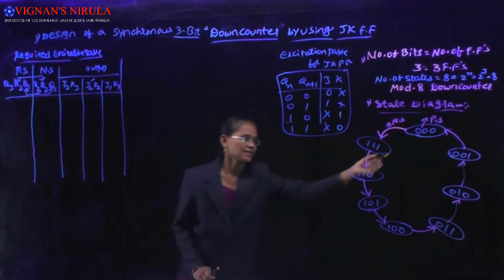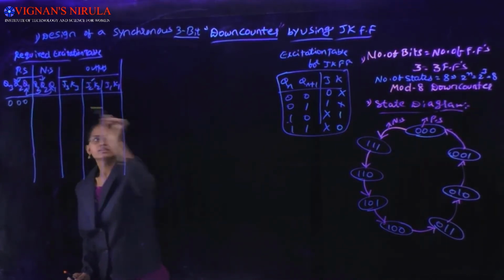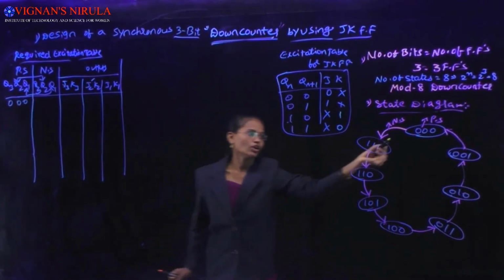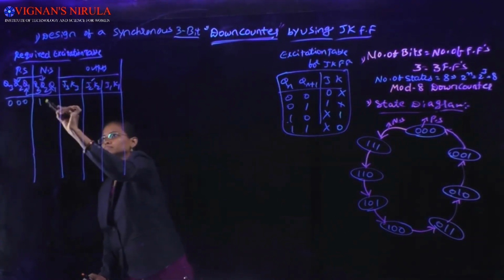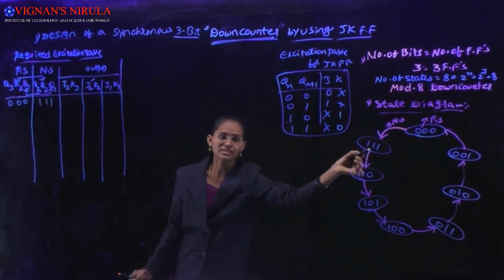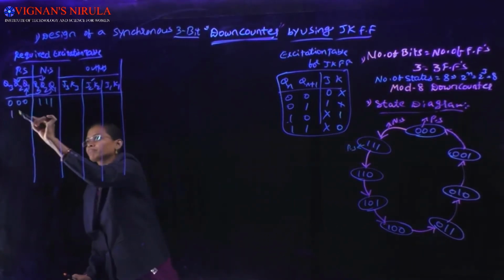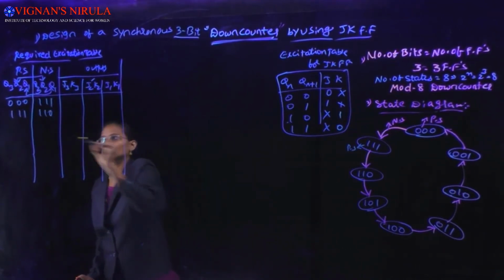Here the present state is 0. Here we are using the down counter. In the down counter, present state is 0 and next state is 7. The present state is 7 and next state is 6.